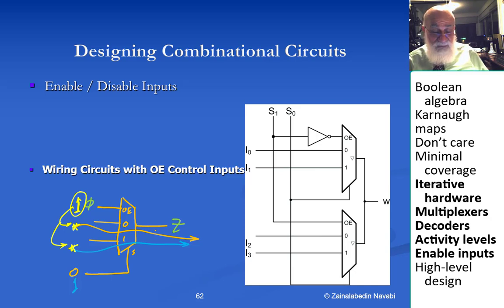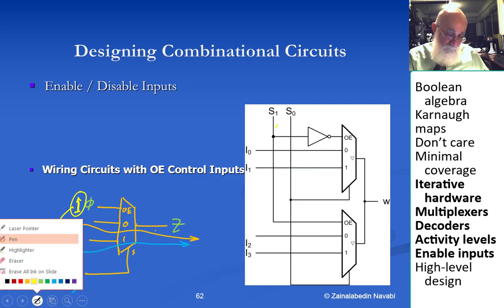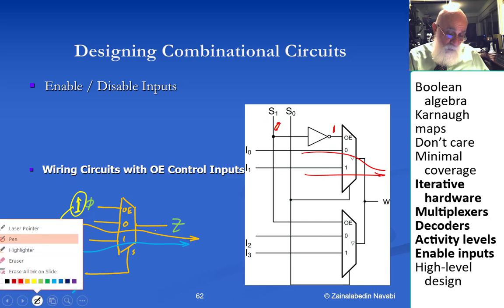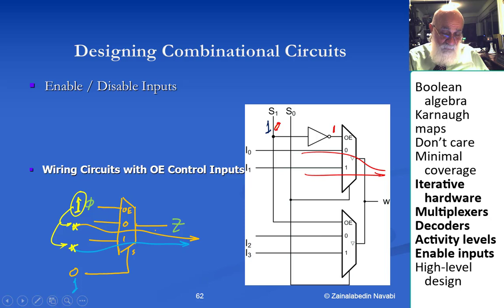Well, the good thing it does is I can cascade these together without having to have a multiplexer on the output. Say, if I have a 0 here, there will be a 1 here, and therefore the upper multiplexer will take either this or this to the output. On the other hand, if I have a 1 here, this will be 0.